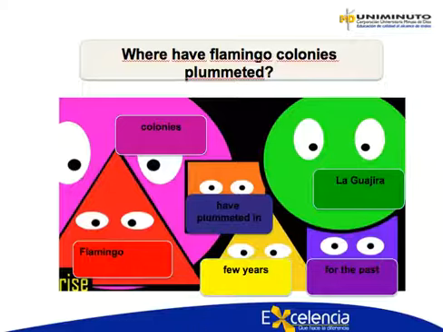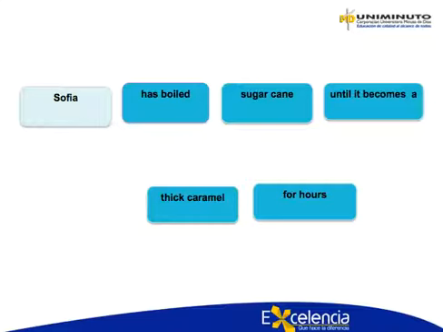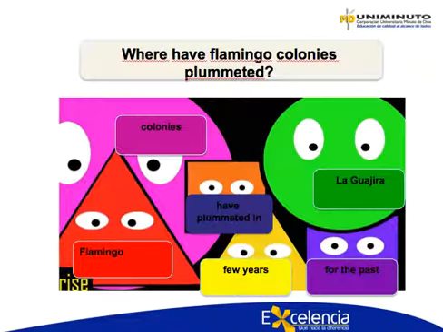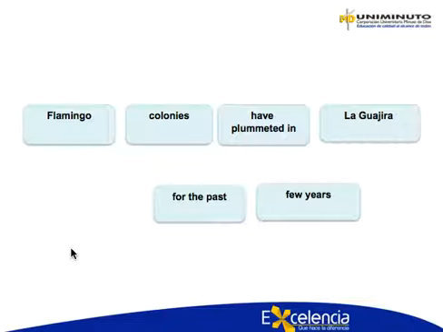Let's check the correct order of this question. So we have here flamingo colonies have plummeted in La Guajira for the past few years. Okay, so remember, has is for the third person, have is for plural. Okay.